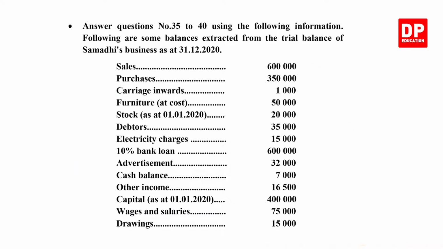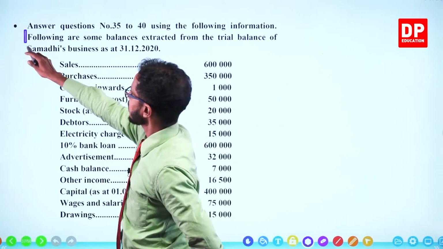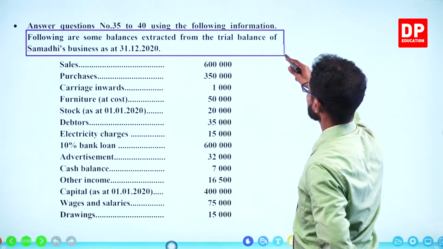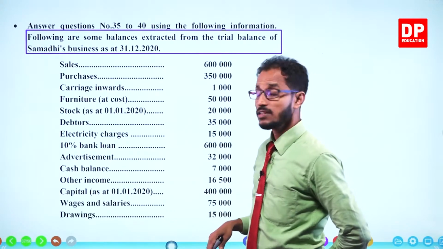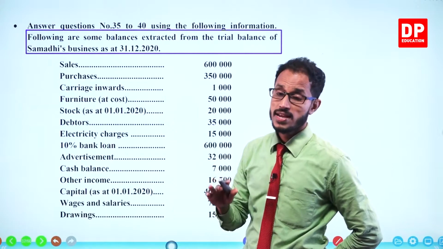Next question. Oh yeah, here we go. Question number 35 to 40 using the following information. Following are some balances extracted from the trial balance of Samadhi's business as at 31st December 2020.